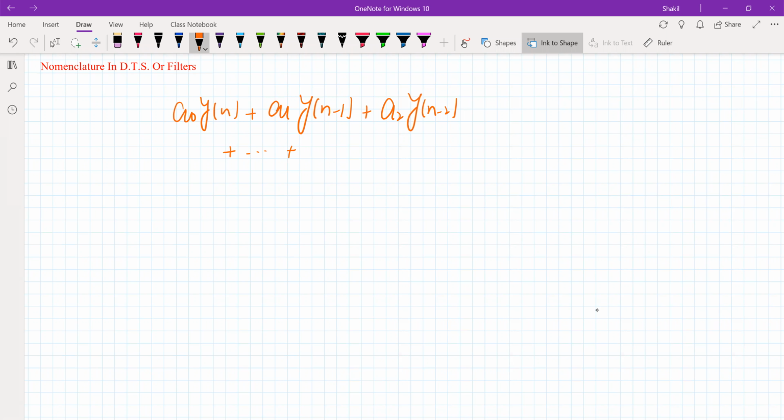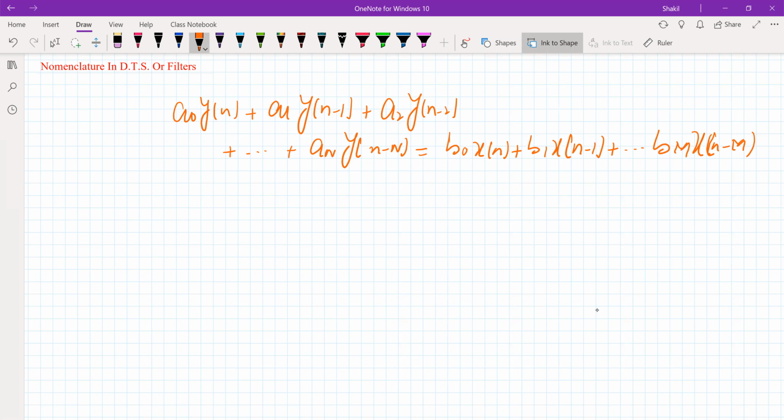So, a_N y of n minus N is equal to b0 x of n plus b1 x of n minus 1 plus so on, b_M x of n minus M, right?